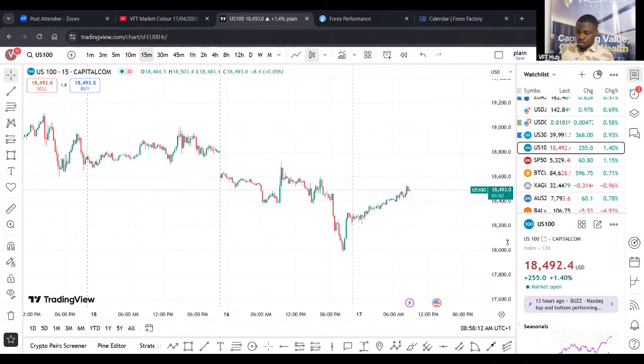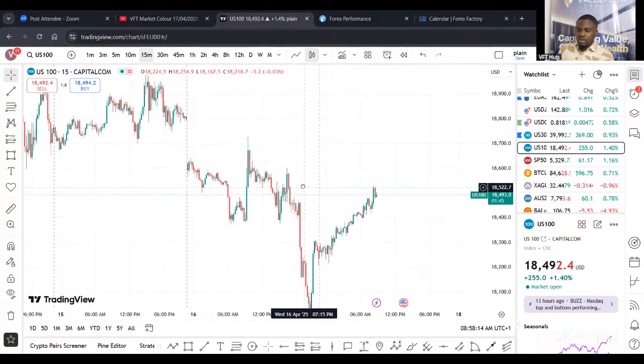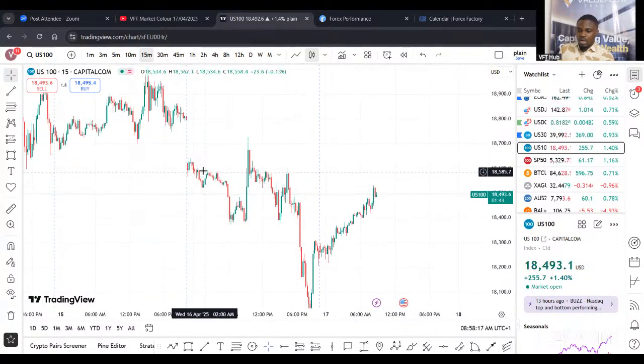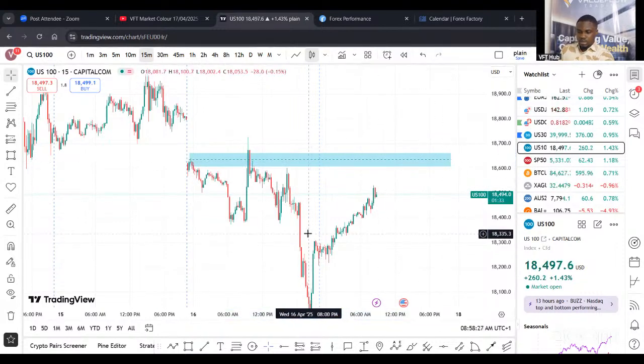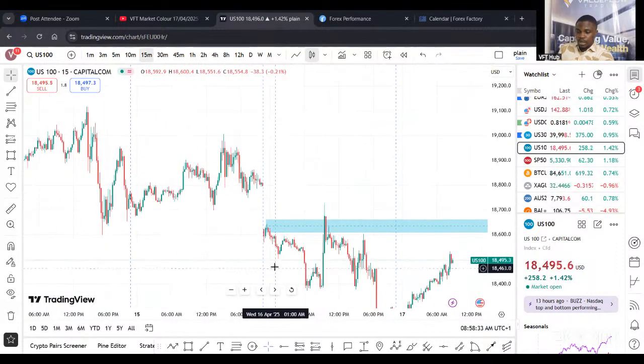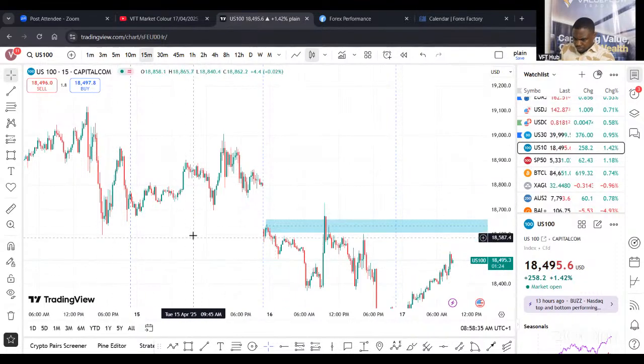A good way of measuring what is going to happen is to wait for price to come into that zone and then look for lower time frame reactions. On the M5, how is price reacting? This is a pure classic market structure and liquidity sweep kind of strategy, right? Even the one above, the same thing.